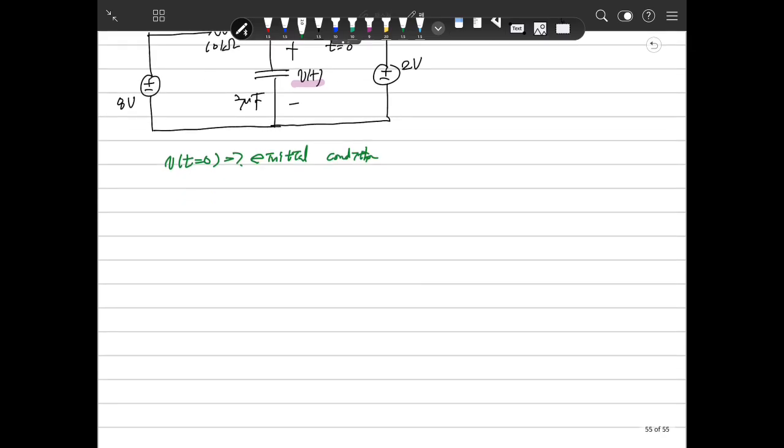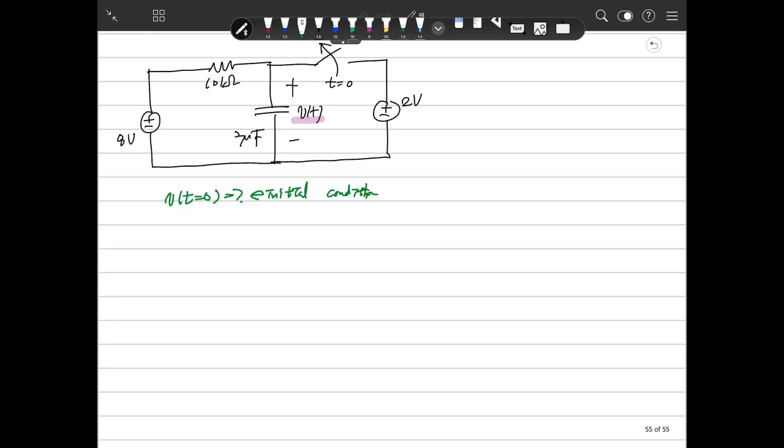To do that, we define different circuits here. First, t is smaller than 0, then the circuit looks like here. Because this is a short, there will be 10 kilo ohm, and there's a capacitor here.